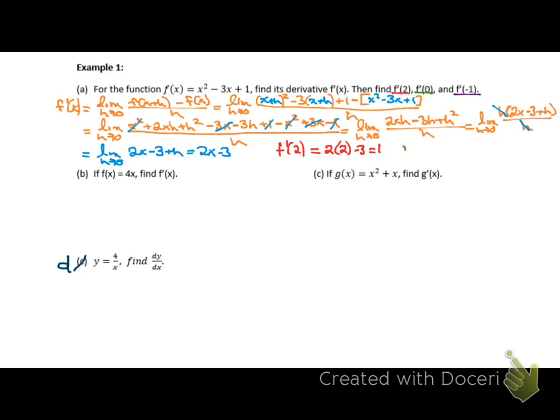When I find f prime of 0, I'm plugging 0 in for x, so it's just negative 3. For f prime of negative 1, I'm plugging negative 1 in for x, so it's 2 times negative 1 minus 3, which is negative 5. I'm going to do the other parts of this problem in another video.